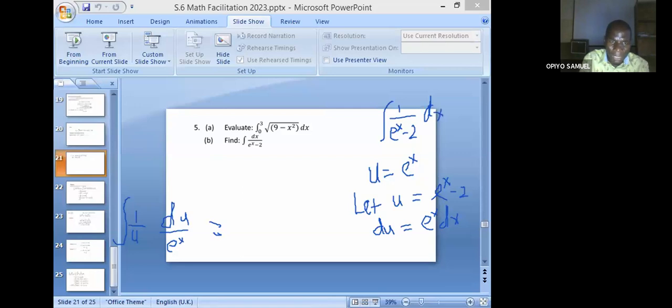Making e to power x the subject, we shall have du over u. Making e to power x the subject means we take this one to the other side, we shall have u plus 2.